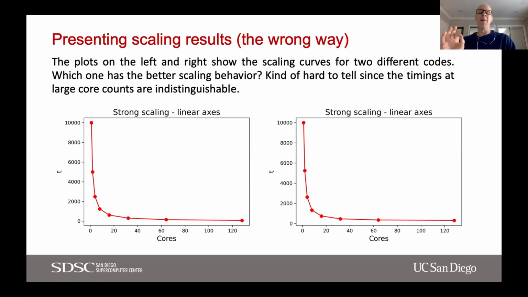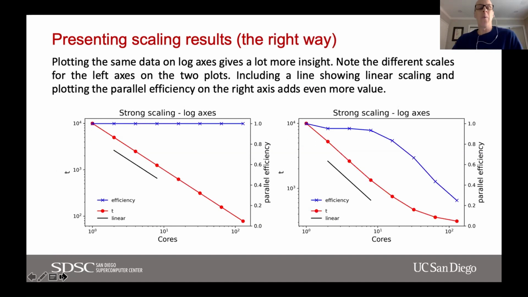So we see this a lot in the allocation proposals asking for time on our supercomputers. We'll get these plots on linear axes, and it's really, really hard for us to tell if you are using the parallel hardware effectively. So a better way to do this, the way that we like to see scaling studies presented, is to plot the data on log axes.